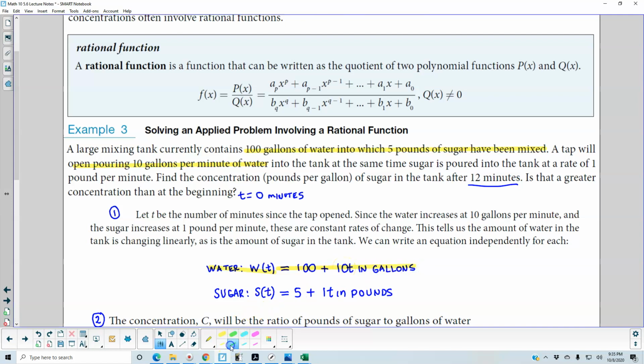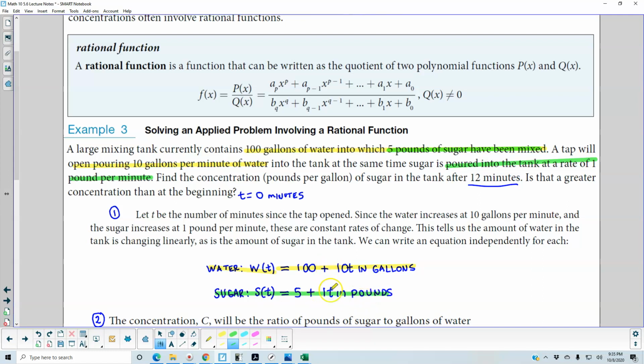Now our second equation is we're dealing with the sugar. The sugar is the 5 pounds of sugar that's been mixed, and it is being poured into the tank at a rate of 1 pound per minute. So the sugar, S of t, is going to be 5, which is the fixed amount, plus 1 t, in pounds.